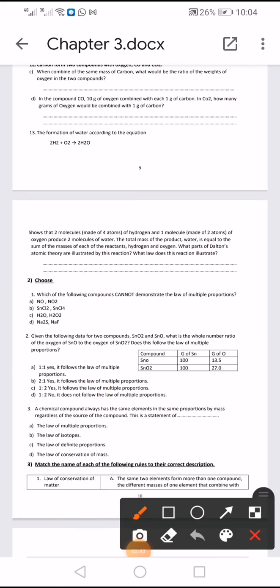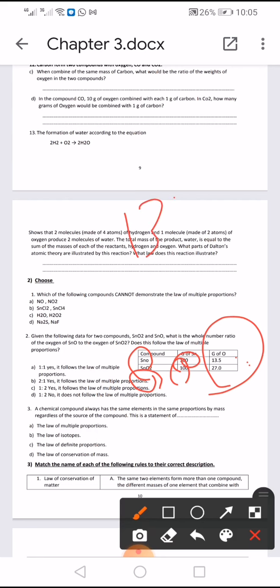Given the following data for two compounds of Sn and oxygen: grams of Sn in the first compound 100 and in the second compound 100, while oxygen is 13.5 and 27. To get the ratio of oxygen in the two compounds, we should divide by the lower number. Which is the lower number, 13.5 or 27? 13.5.